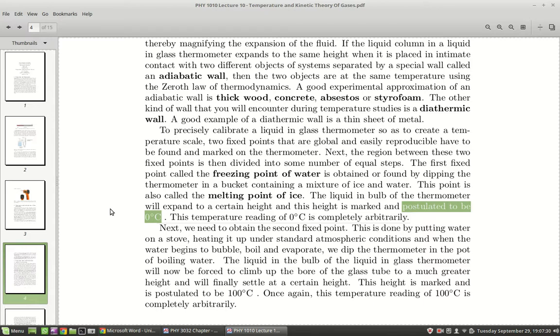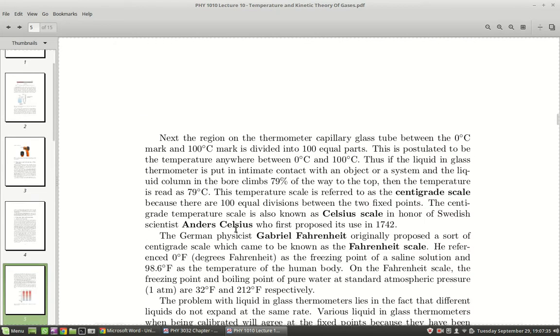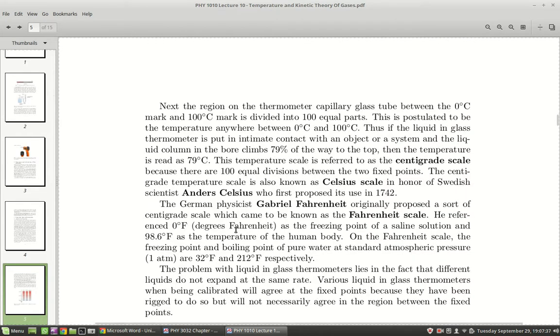Then the next thing we do is we divide the space between the 100 degrees mark and the 0 degrees mark into 100 equal parts. The space between the 0 degrees mark you have put at the bottom and the 100 degrees mark you have put at the top, we divide into 100 equal parts.